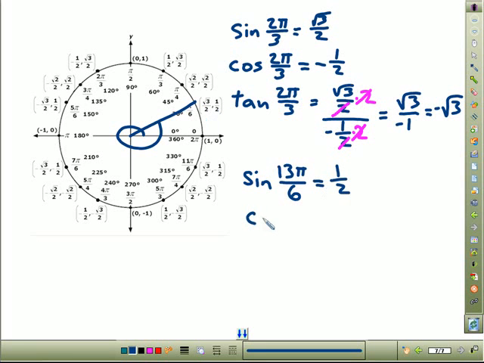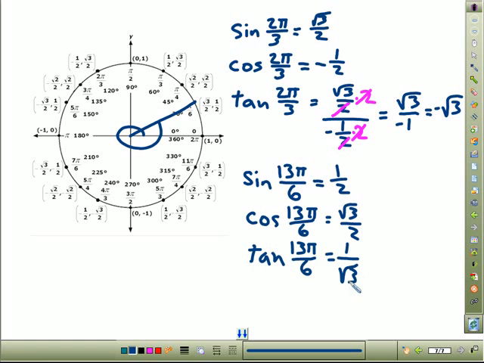And the cosine, likewise, is going to be square root of 3 over 2. And what about tangent? Okay. 1 over the square root of 3, that's right. And if you like to rationalize your denominators, that would be the square root of 3 over 3.